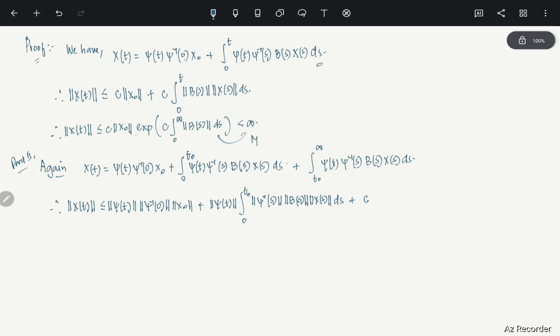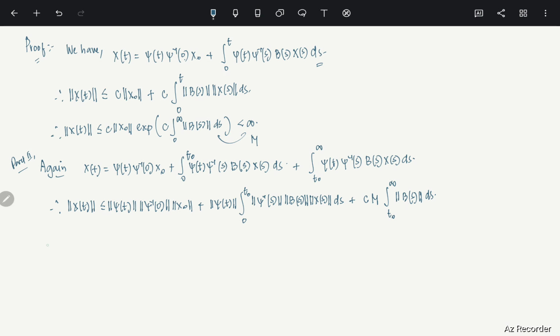So basically c times norm x naught times the exponential, this particular thing I will just call m. Is this okay? So say m times the integral from t0 to infinity of norm of b of s ds. Okay, I will just write that part like this. Clear? So x of t is given like this.